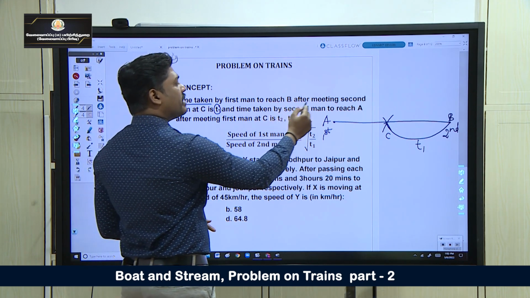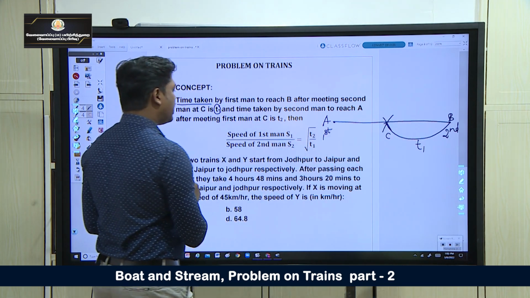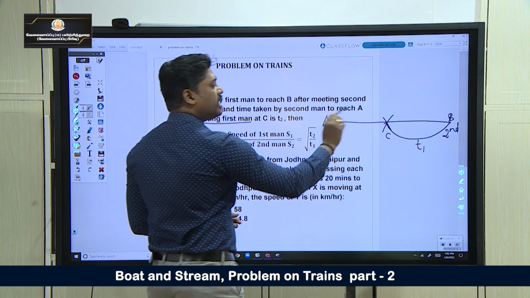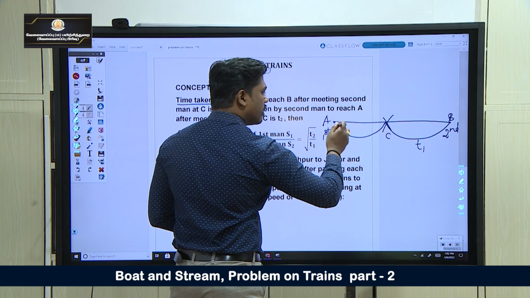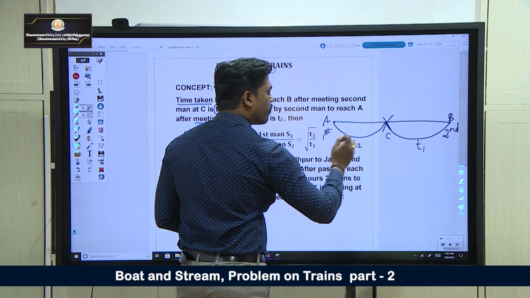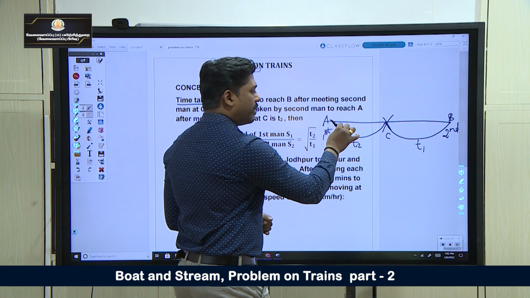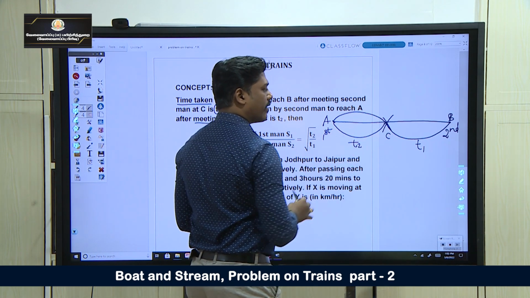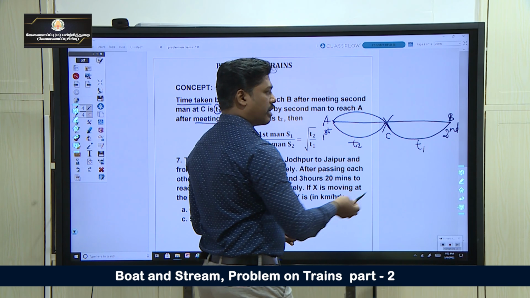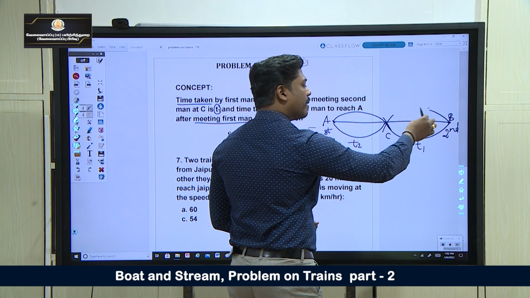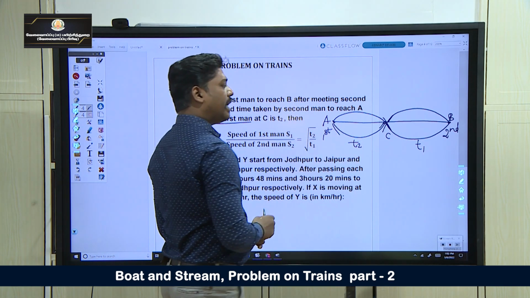And time taken by the second man to reach A after meeting the first man at C is T2. So first this man is moving from A to C, and from that C he takes T1 hours to reach B. Now the second man from B comes to C, and after meeting the first man at C he takes T2 hours to reach A.